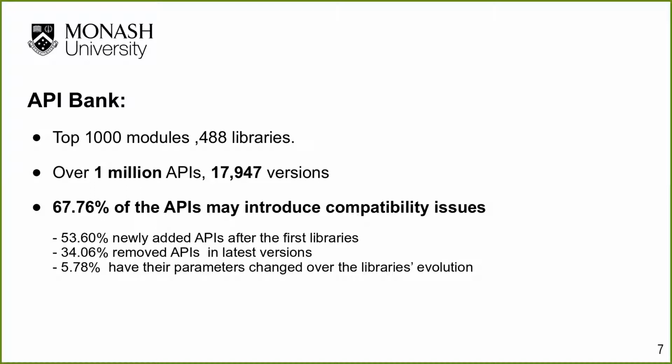Over one-third of APIs have been removed by the latest version, and more than 5% of them have changed their parameters during library evolution. So to summarize, more than 67% of APIs may introduce compatibility issues if the dependent library version information is not known by users.